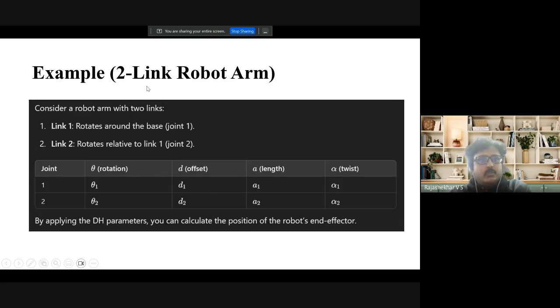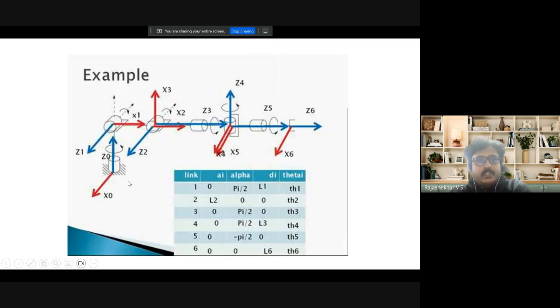Next is a two-link robotic arm, which I will show you in the demo. The angle of rotation is given over here, and the offset of the links, length of the links, and the twist angles are also given. We will be dealing with this in the program. And here, there's a 6-axis robotic arm where you can see alpha is pi by 2, that is, it has rotated pi by 2, and L1 is over here, and next it has rotated by pi, pi by 2, and you can substitute this inside this.